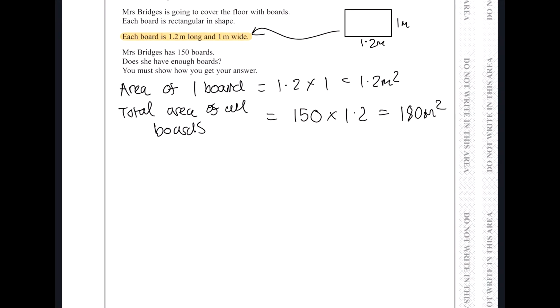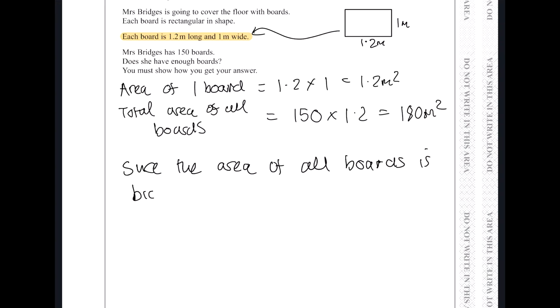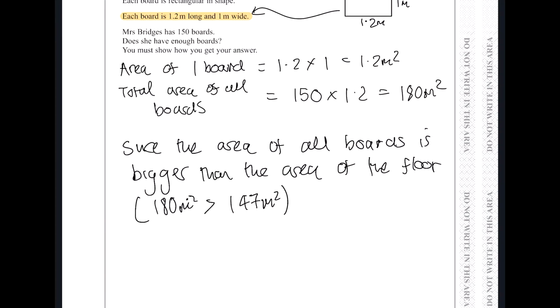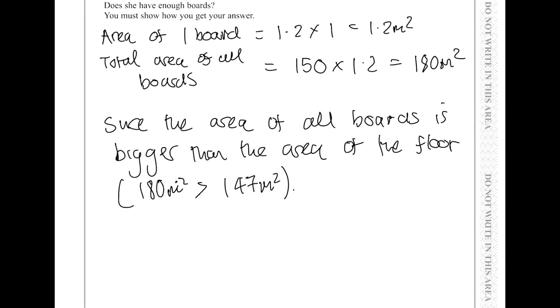So now what we can say is, since the area of all boards is bigger than the area of the floor, i.e. 180 meters squared is bigger than 147 meters squared, what that says is that we have enough boards.